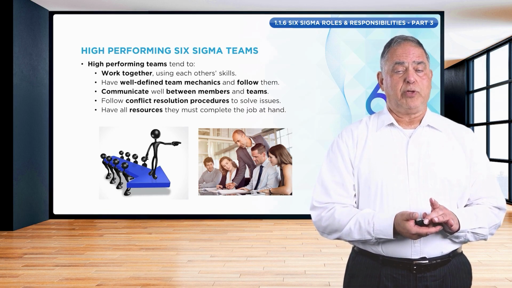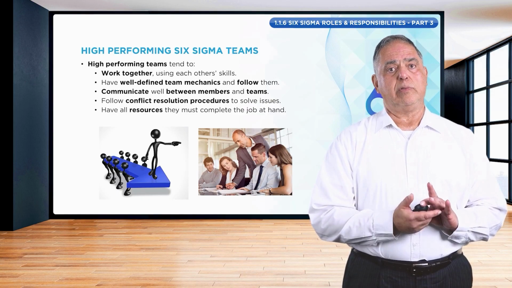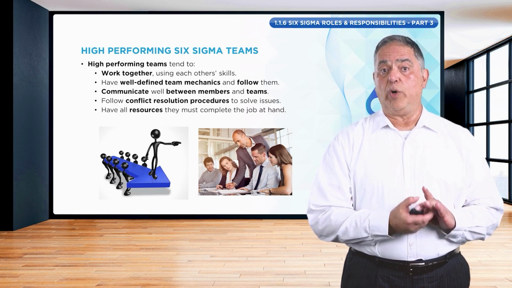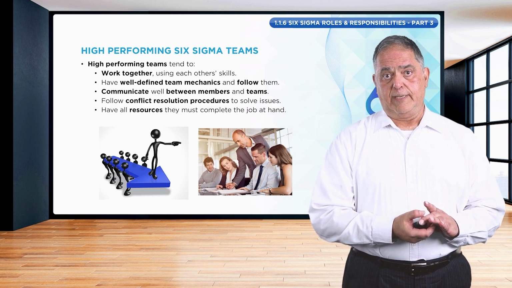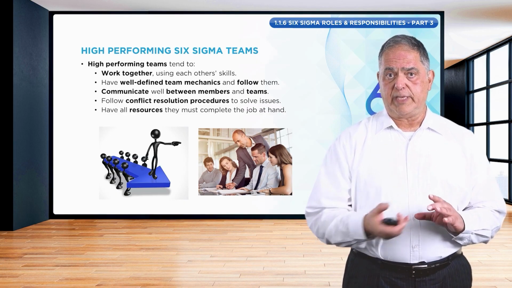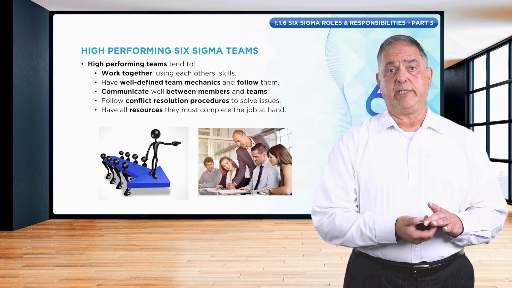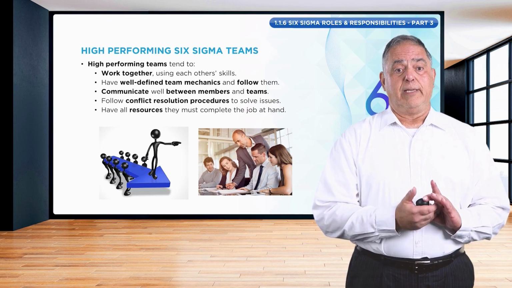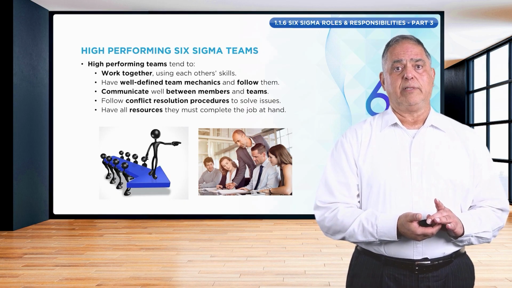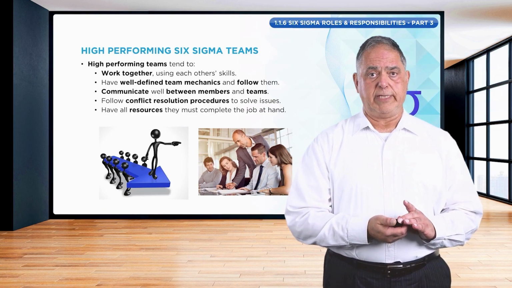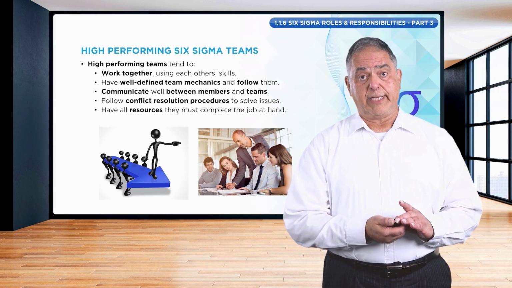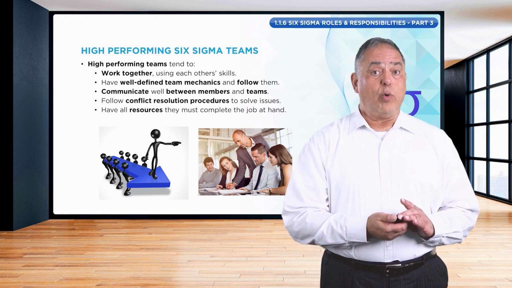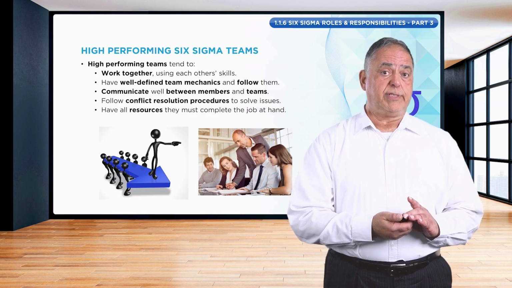Conflict resolution process. So we deal with conflict if and when it arises, and we do it in a systematic way, and we do it in a realistic way. And finally, high-performing Six Sigma teams have all the resources they need in order to complete the tasks and activities associated with the project when these resources are required.